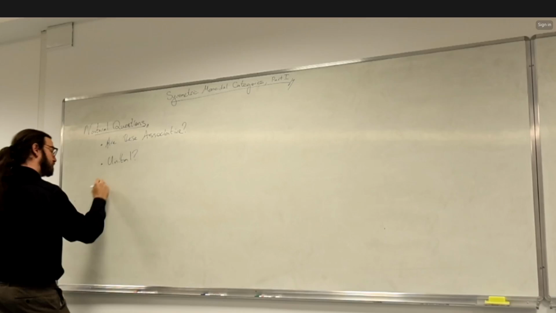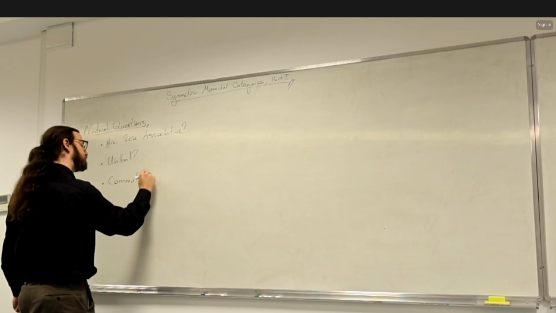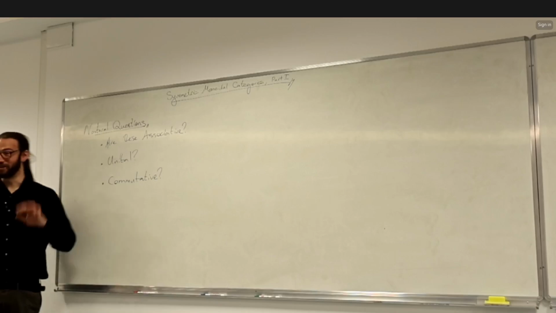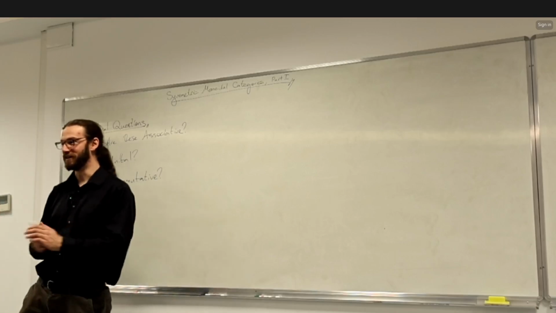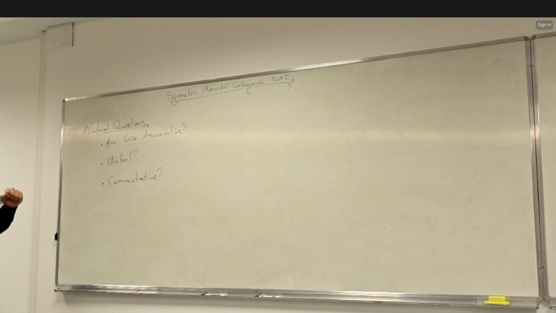Unital? Or commutative? And you might be looking at that list and thinking, there's one you left off. Can you invert things? The simple reason is that inverting things in this framework is much rarer than these 3 properties. And so we're going to focus on these 3.